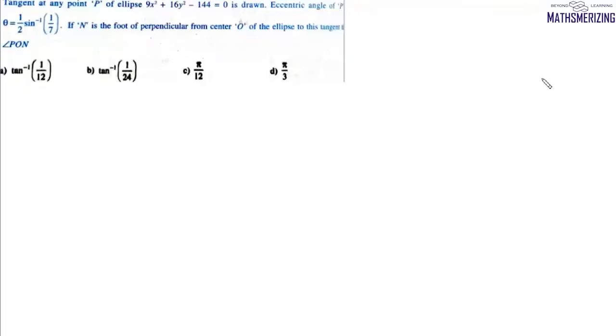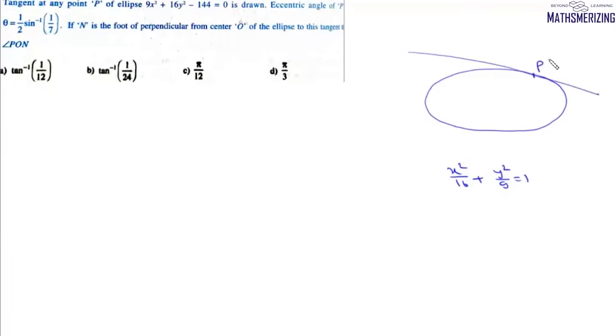Now here the question is, the tangent at any point P of the ellipse 9x square plus 16y square equal to 144. That is, the equation of this ellipse will be x square upon 16 plus y square upon 9, and it is equal to 1. So the tangent at any point P is drawn.